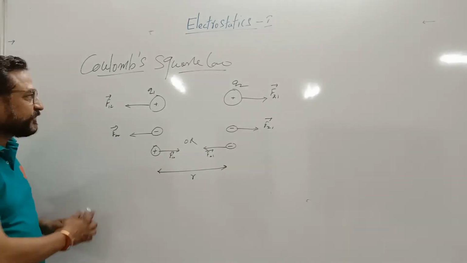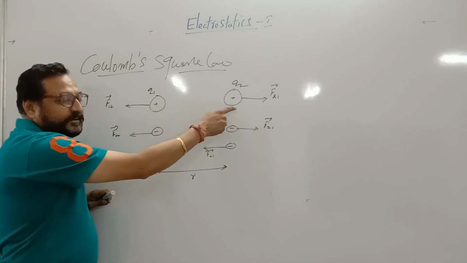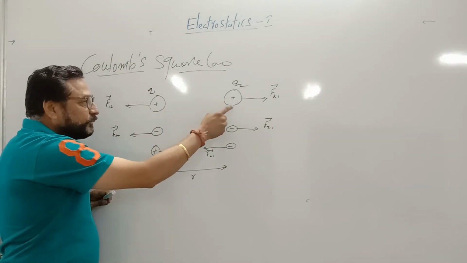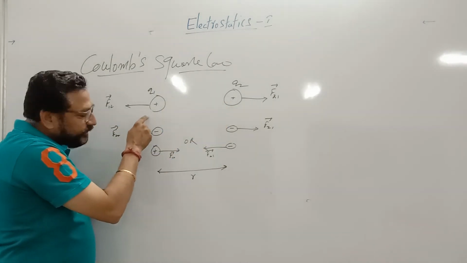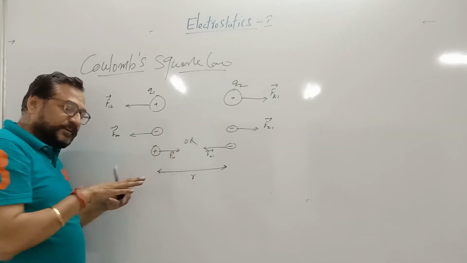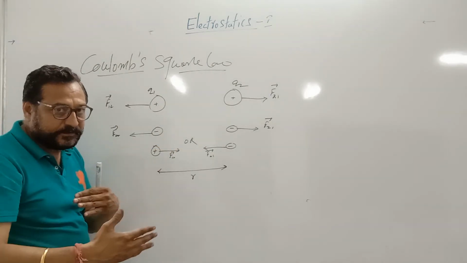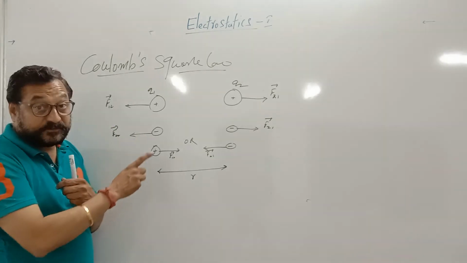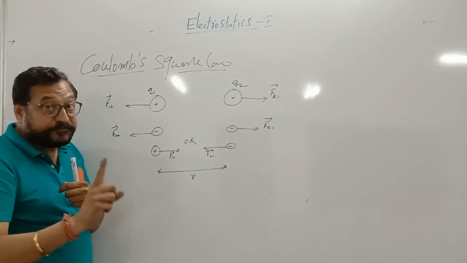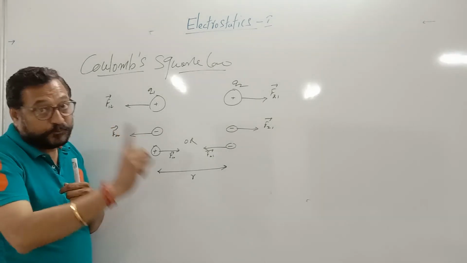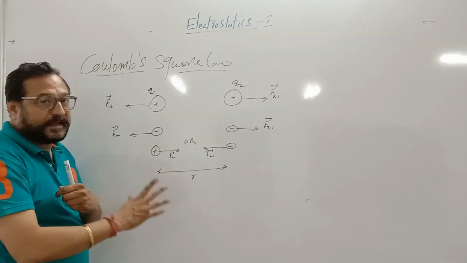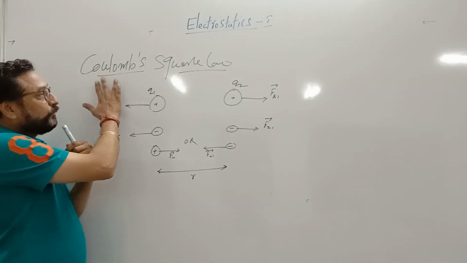It means one body applies a force on this charge and at the same time the same force is applied in the opposite direction. We derive and prove it, verifying Newton's third law of motion in Coulomb's inverse square law. Clear?